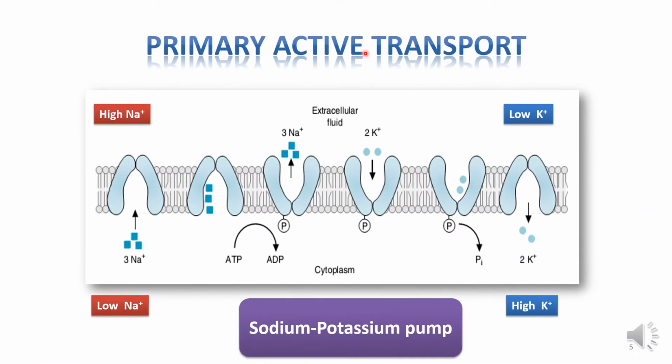Now this is the most common example of active transport, which is the sodium potassium ion pump. So it is the best example for active transport, where cell has low intracellular sodium, but the concentration of potassium inside the cell is high.